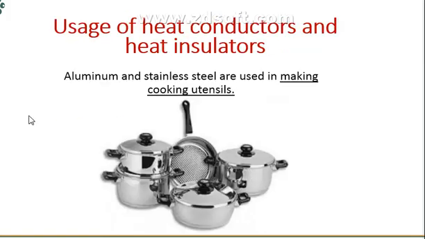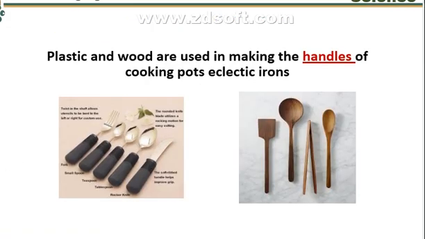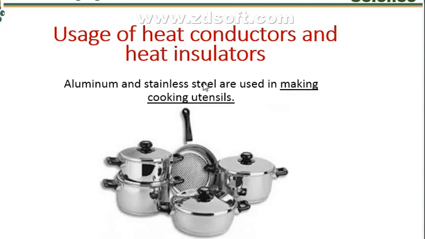Okay, let's go to the usage of heat conductors and heat insulators. What do we use heat conductors for in the home? We use aluminum and stainless steel in making cooking utensils.